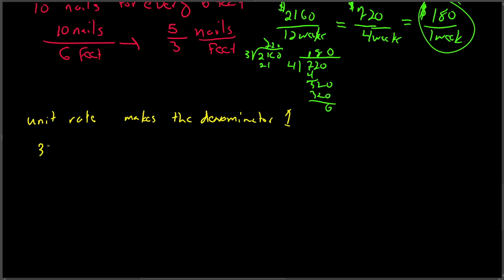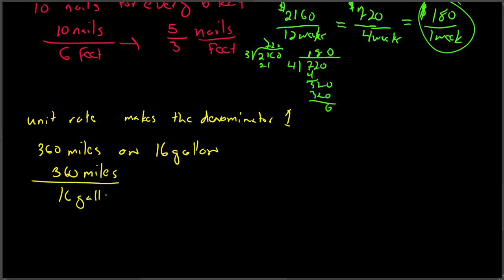So let's say I get 360 miles on a 16-gallon gas tank. So I write this as a rate of 360 miles per 16 gallons. But because I want the denominator to be 1, I'm going to do the full division, long division. I'm not going to try to simplify it.